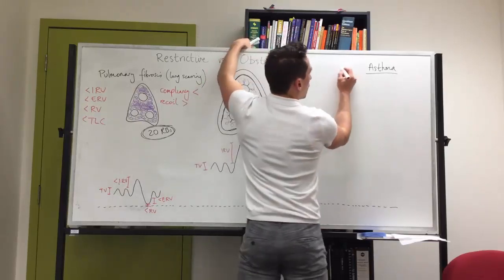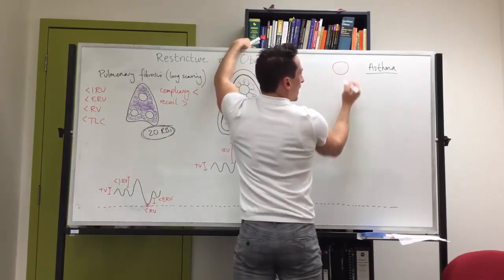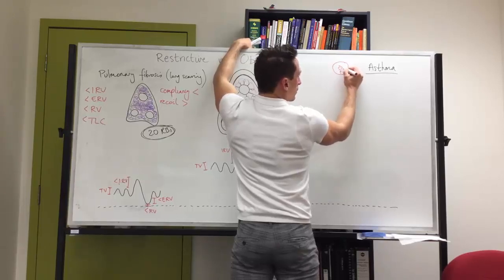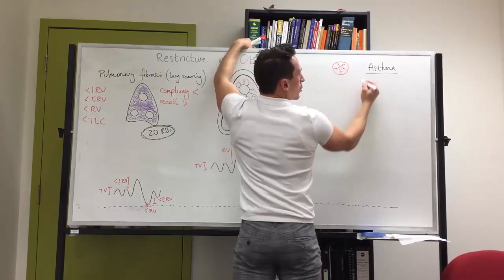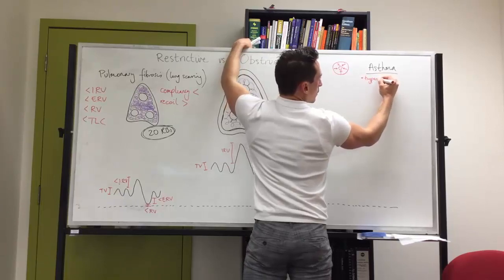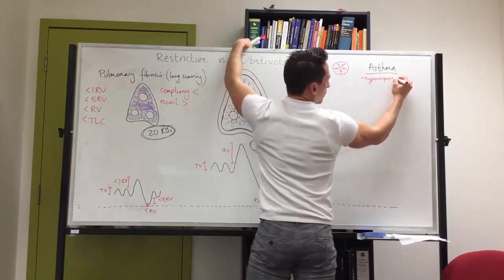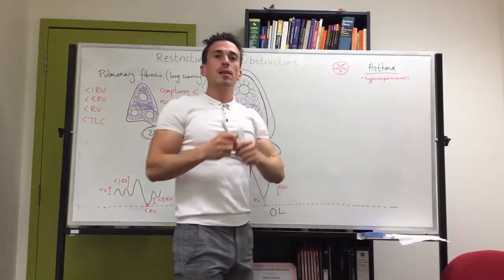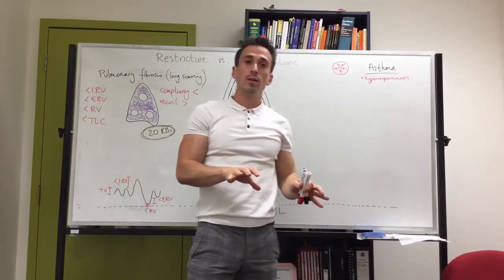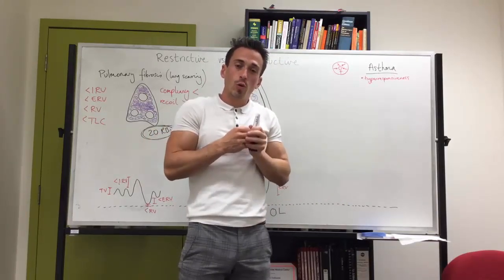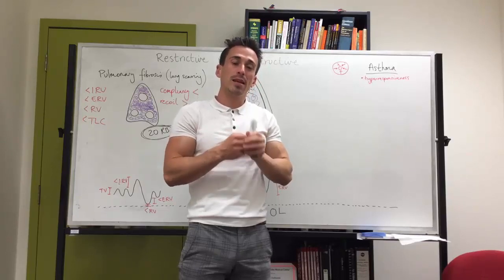So what you find is that if you have a normal airway, in asthma, it's narrowed. Now, this narrowing of the airways is often due to hyperresponsiveness. Which means something that in somebody who doesn't have asthma wouldn't trigger any constriction of the airways would trigger it in an asthmatic patient.